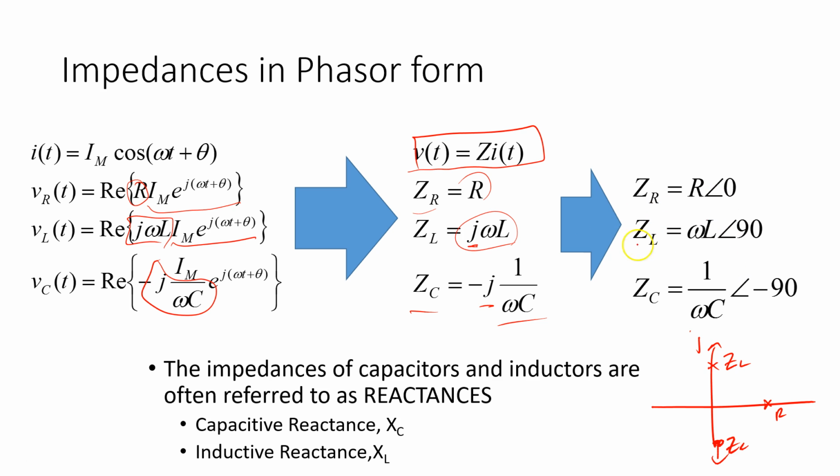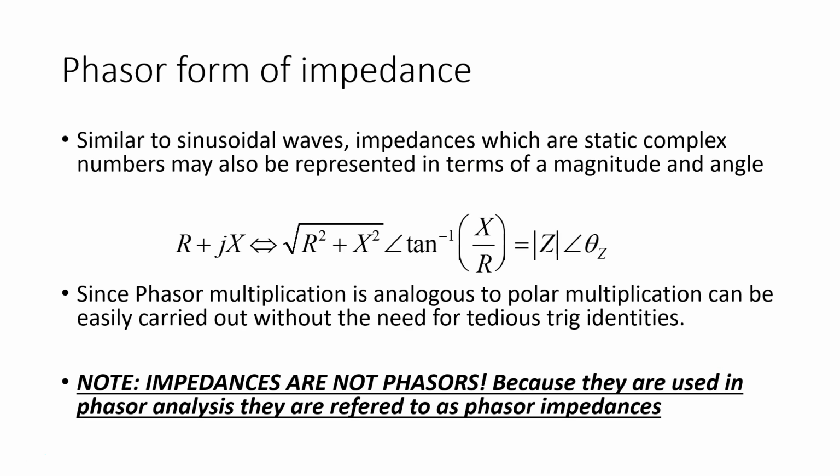ZL is j, ZC is minus j. As an angle, this is 90 degrees for ZL and minus 90 for ZC. We refer to these impedances of capacitors and inductors as reactances, and we often represent them with XC for the capacitor and XL for the inductor.